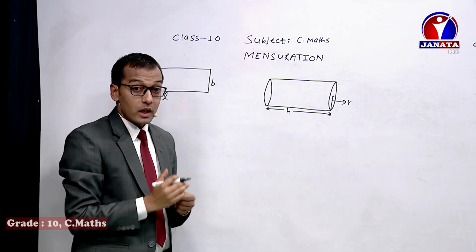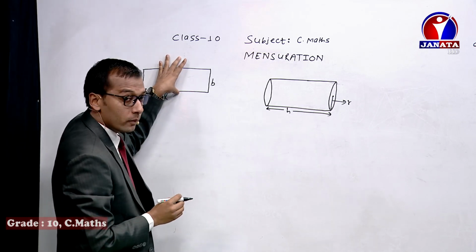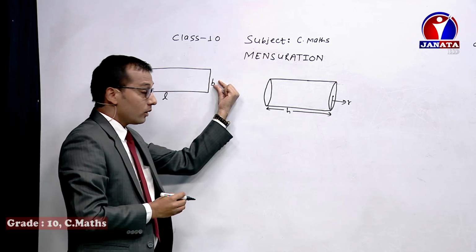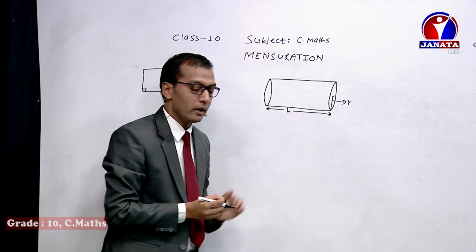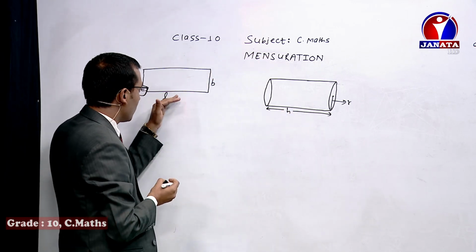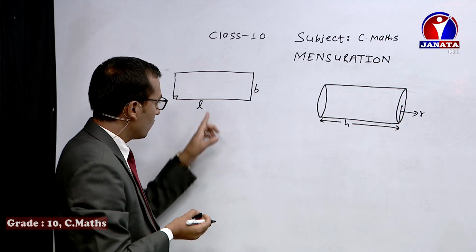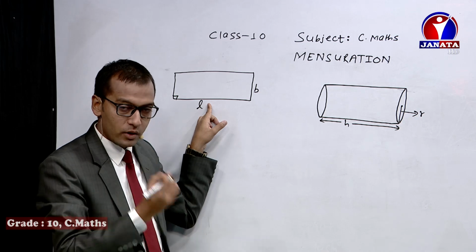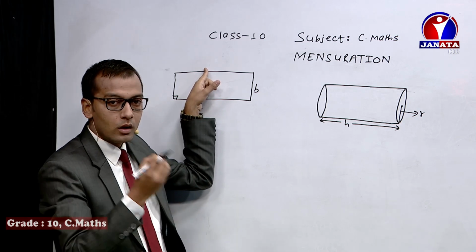When we fold this rectangular piece or sheet of paper, breadth becomes height of cylinder, and length becomes circumference. One side becomes circumference of bottom circle, and other side becomes circumference of top circle.